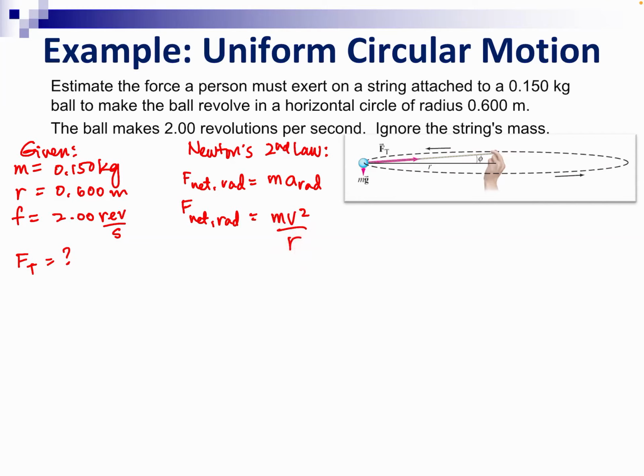These 2 quantities are given. And we need to find the linear or tangential speed in order to figure out the net force in the radial direction. What we are given only is the frequency, 2 revolutions per second. So how do we deal with this?